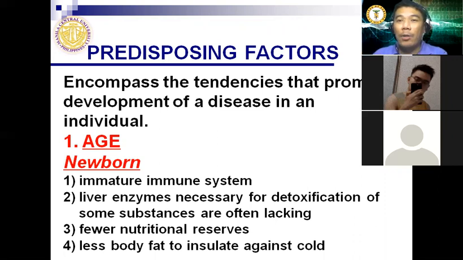If there is an increase in the bilirubin in the blood, hyperbilirubinemia, and we all know that bile is yellow, once its level increases, it will transfer from intravascular to interstitial spaces. That's why it transfers to the skin and leads to yellowish discoloration. That also answers number two, because the liver enzymes are still often lacking.